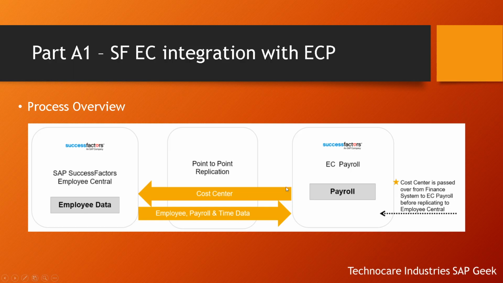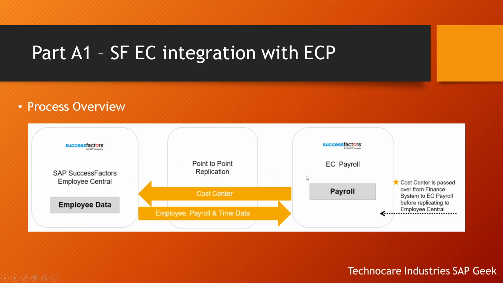Along with cost centers, many customers go for a custom replication for bank keys. The bank keys which are created in SAP financials are integrated with Employee Central Payroll, and ECP to EC again.